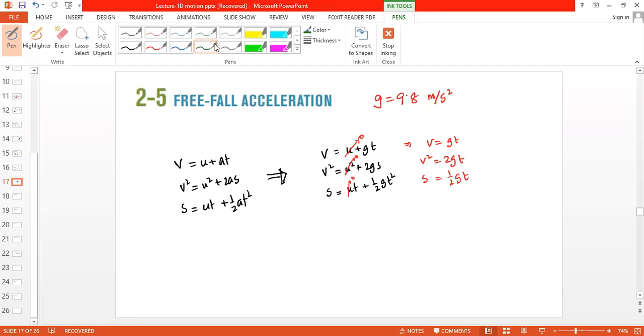So these are the equations of motion for a free falling object. We are going to use these equations in today's class to solve the math. So let's start the math.